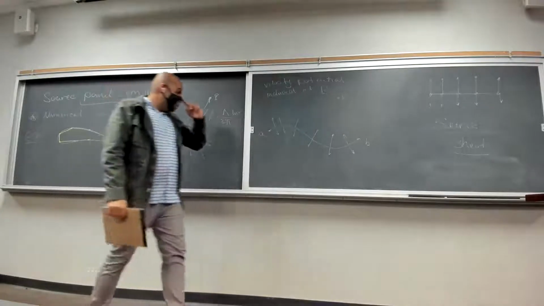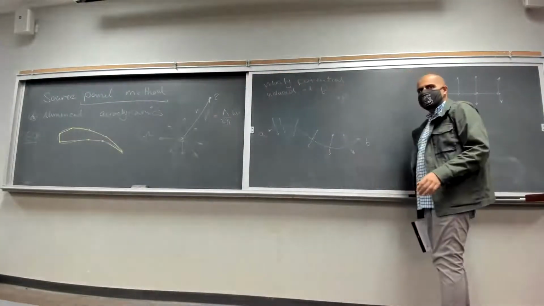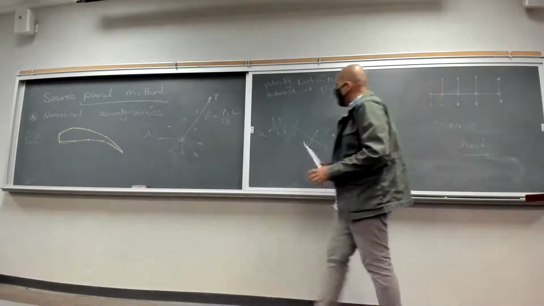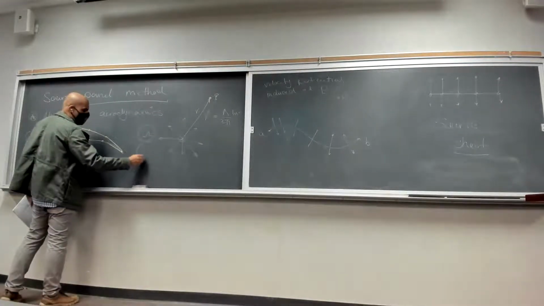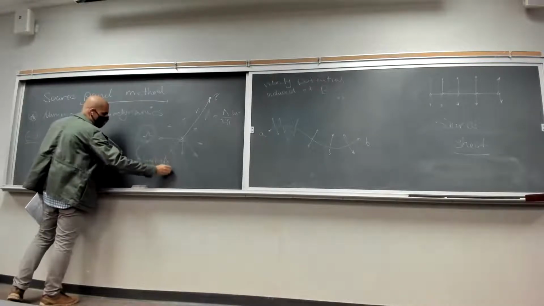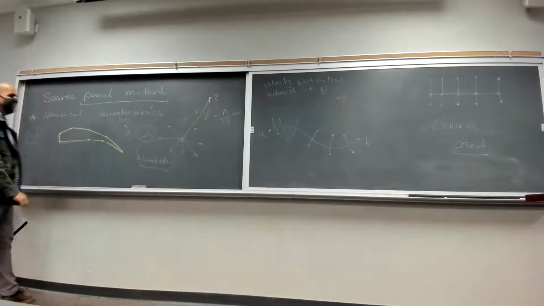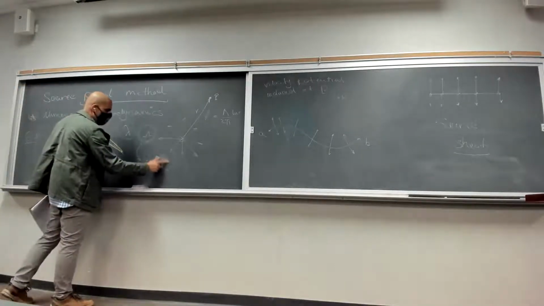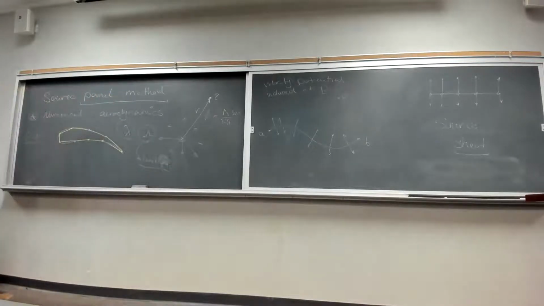Okay. So we want to find the velocity induced by this source sheet, and this is the capital letter lambda, and this is the small letter lambda. Okay, so we understand this part.